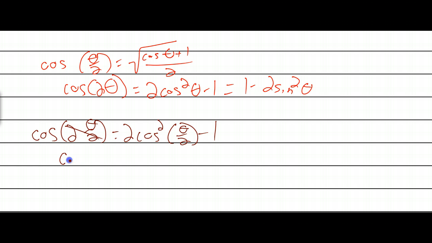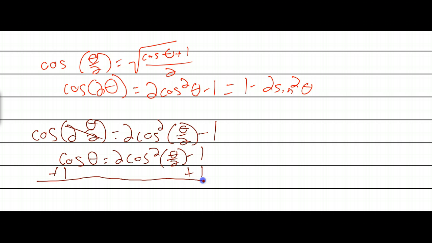So cosine of theta is equal to 2 cosine squared theta over 2 minus 1. Now we want to solve for cosine theta. We take the 1 to the other side, so we get 1 plus cosine theta is equal to 2 cosine squared theta over 2.